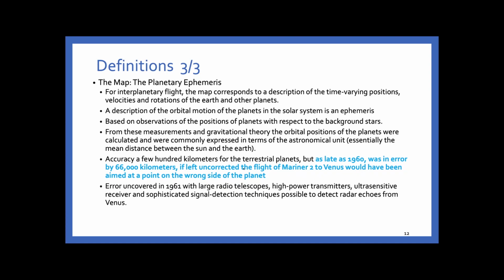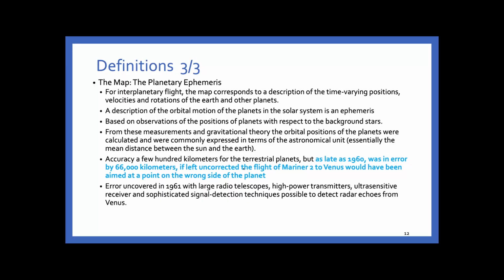Now, one of the things I indicated down here near the bottom in blue is that the accuracy of the ephemeris in the 60s had huge errors in it because it was based solely on measurements from astronomers with Earth-based telescopes. And we discovered when the radio scientists started bouncing radar signals off Mars that there was a huge error in the astronomical unit, which is the yardstick by which we scale the size of the solar system.